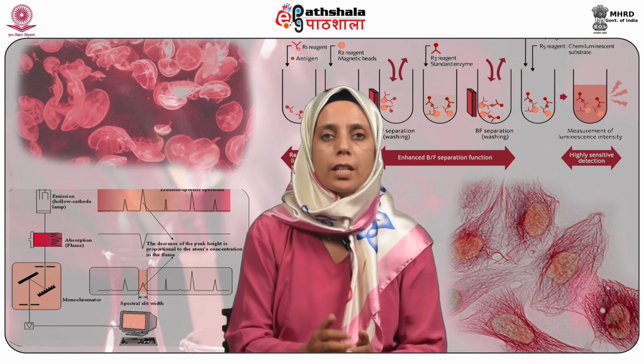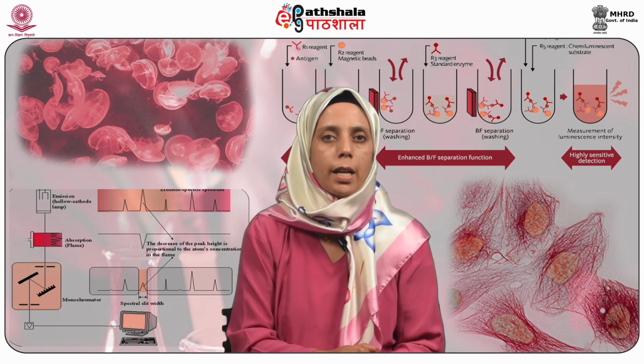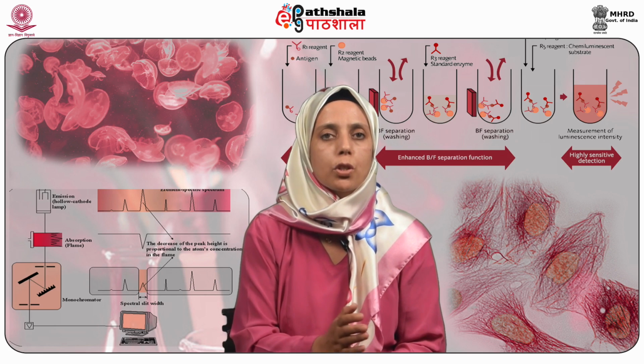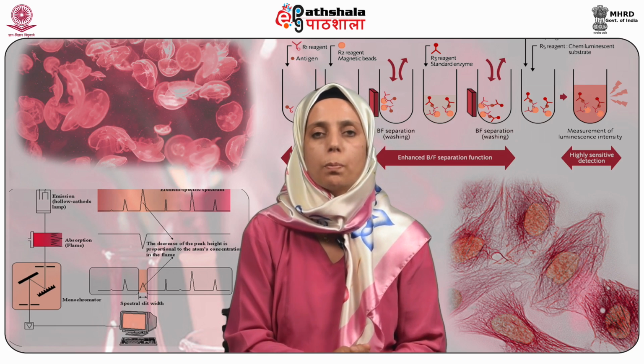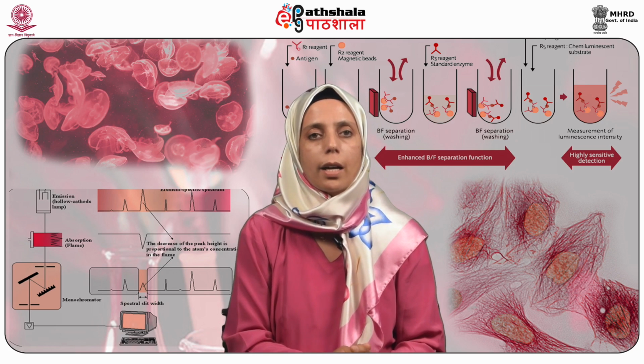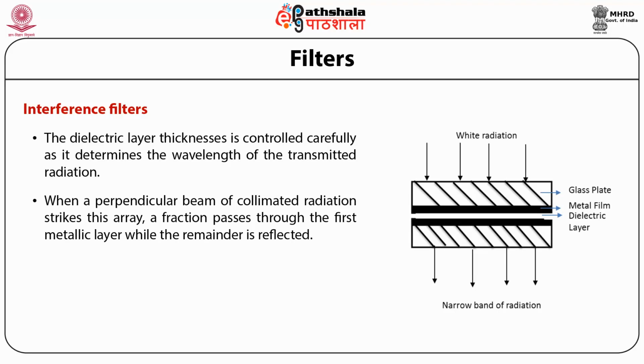It consists of a transparent dielectric material, for example calcium fluoride or magnesium fluoride, that occupies the space between two semi-transparent metallic films. This area is sandwiched between two plates of glass or other transparent material. The dielectric layer thickness is controlled carefully as it determines the wavelength of the transmitted radiation. When a perpendicular beam of collimated radiation strikes this array, a fraction passes through the first metallic layer while the remainder is reflected.